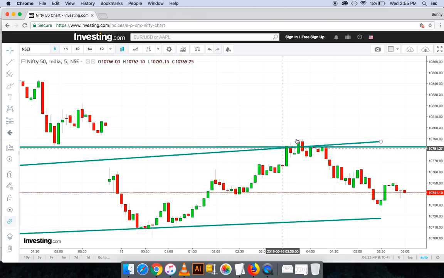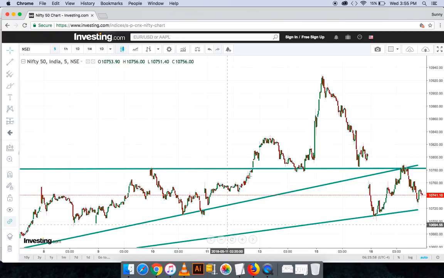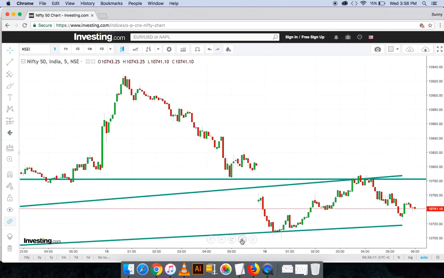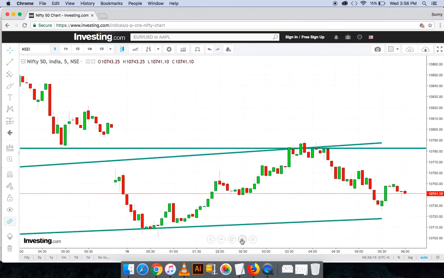And this is being confirmed by two trend lines. One is that horizontal trend line which we drew connecting these points, this swing high here, and the other is the one coming from the bottom. So this is a confluence of trend lines, guys, and when that happens, it tends to mean that's a very crucial area.